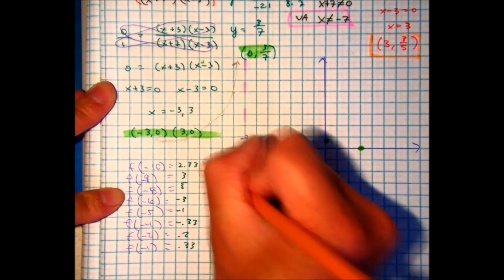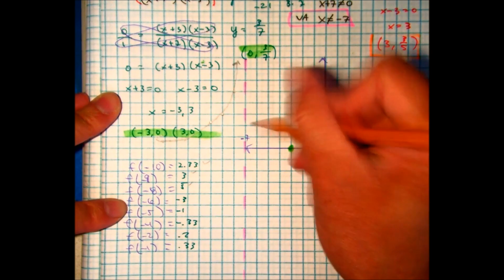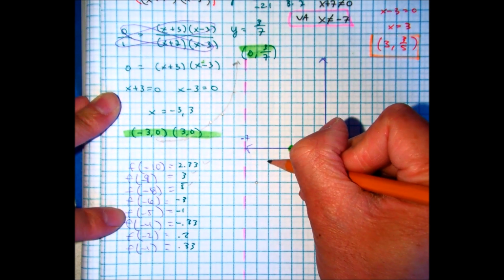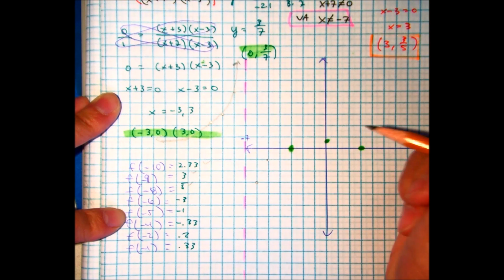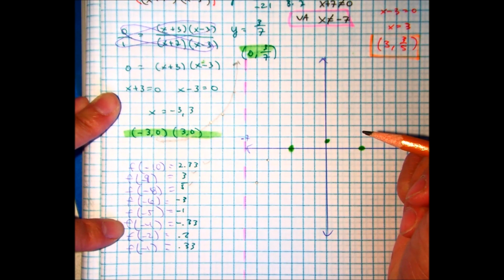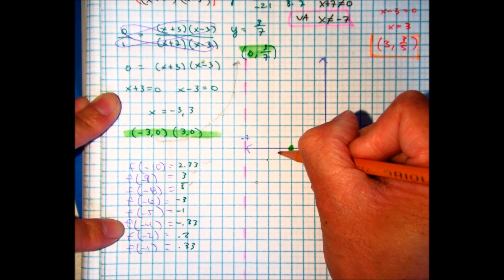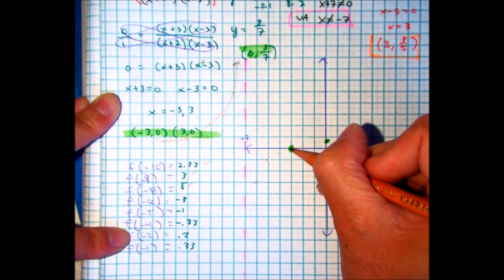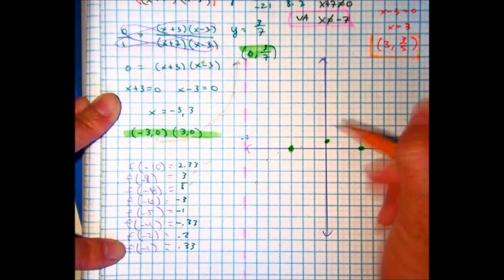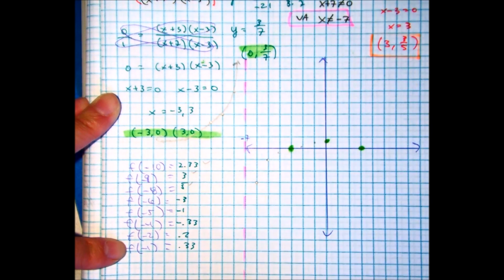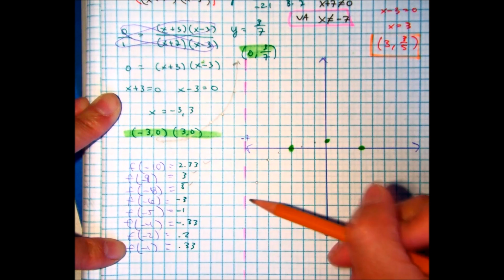Alright, I did these. Let's do -6, -3, -5, -1, -4, -0.333, -2 becomes positive 0.2, -1 gives me 0.33. So it looks like my graph is doing a U-turn.